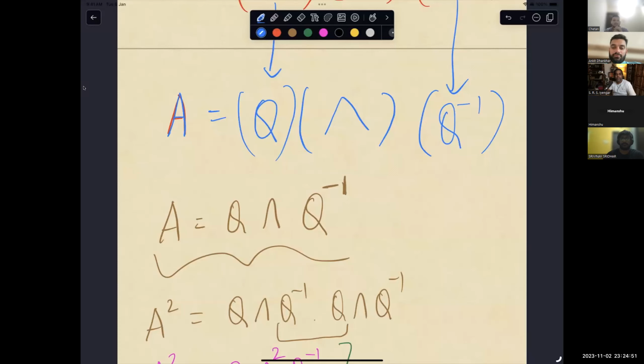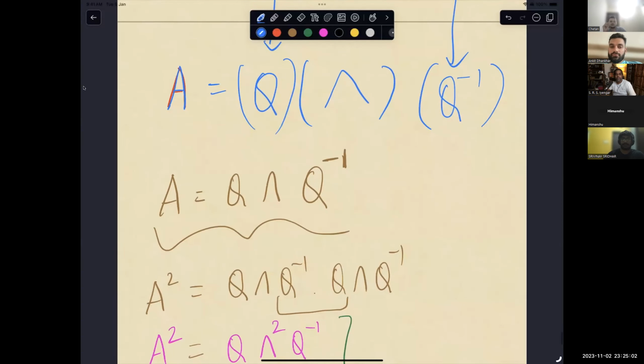Then I said, okay, I can take my eigenvectors from the left hand side to the right hand side. I can take the inverse of it, right? I got A equals Q times lambda times Q inverse, where my A is my matrix, my Q is my eigenvectors, my lambda is eigenvalues, and Q inverse is just the inverse of the eigenvector matrix.